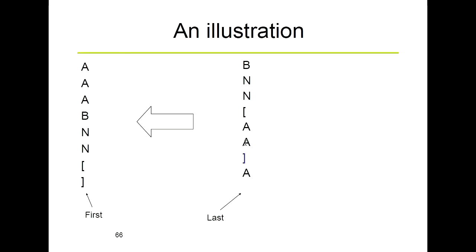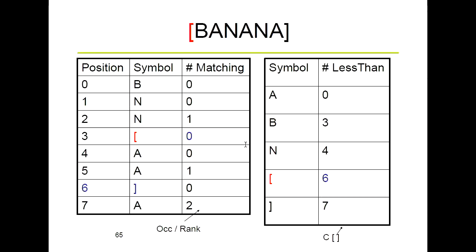Now, we need to know when this is the second A. The second A should correspond to the starting position of A plus 1. That's why we need to know that this is the second A. That's why we have the left-hand side table, that this is the second A, so we need a plus 1. Because we need to know how many A before this A. So this left-hand side table is carefully crafted, or you can say craftily created.